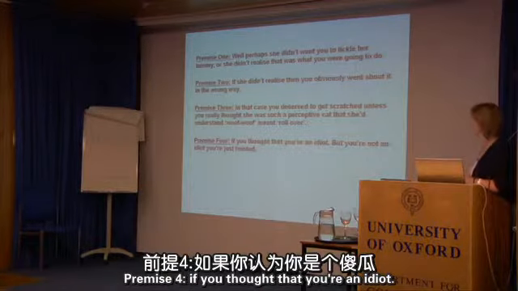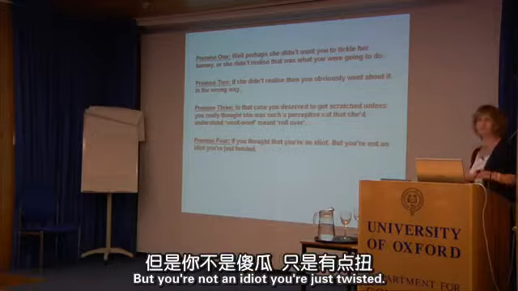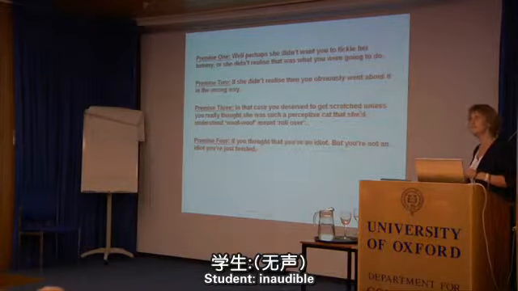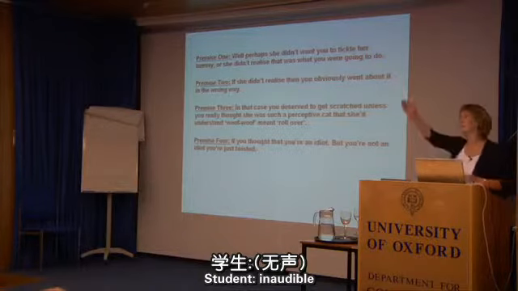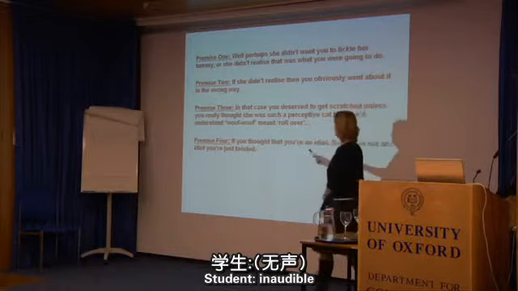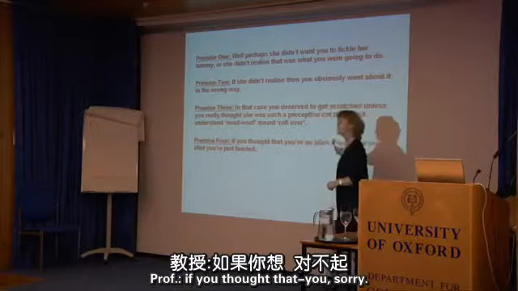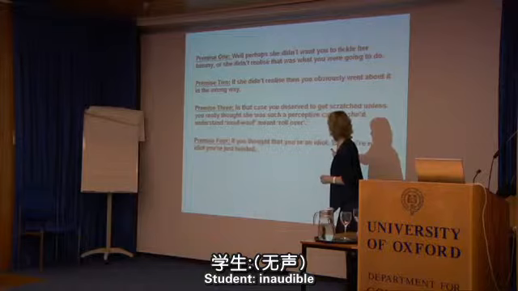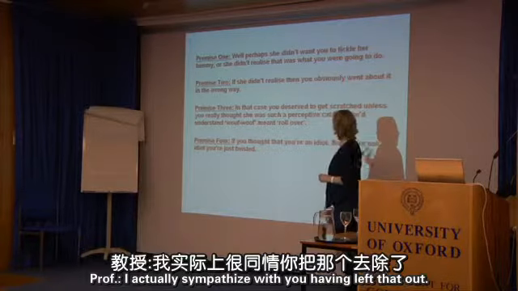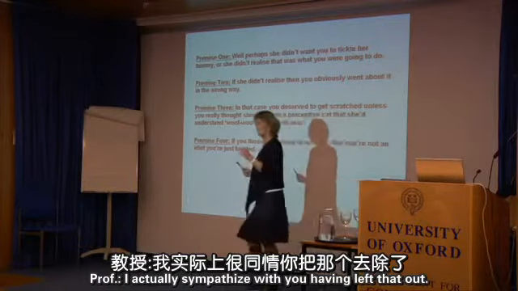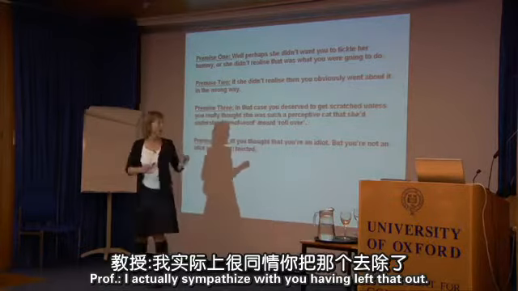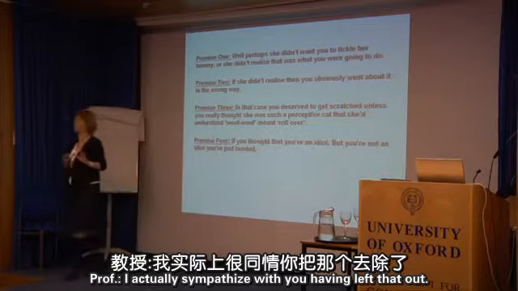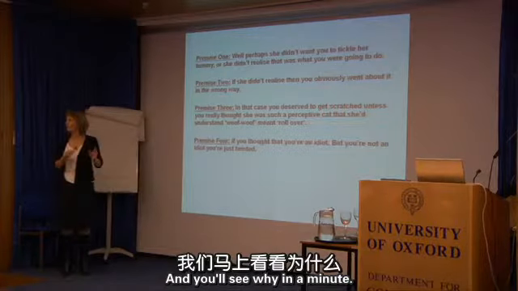Premise four: if you thought that, you're an idiot, but you're not an idiot, you're just twisted. Anyone have anything different for that? If you thought that, what did you have? At this point, I actually sympathise with your having left that out, and you'll see why in a minute.